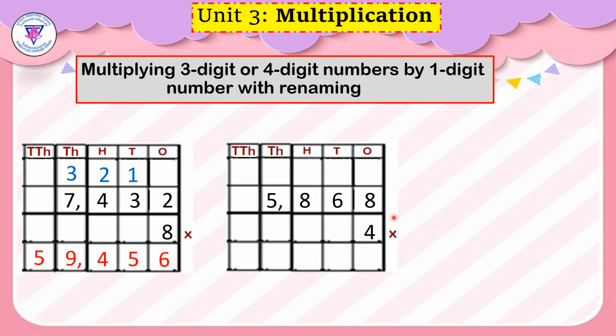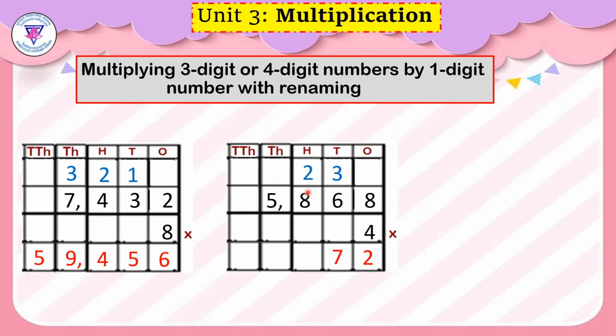So we have 8 times 4 is equal to 32. Since we cannot write 32 under number 4, just write number 2. And then you have to write 3 on top of number 6. So 6 times 4 is equal to 24 plus 3.